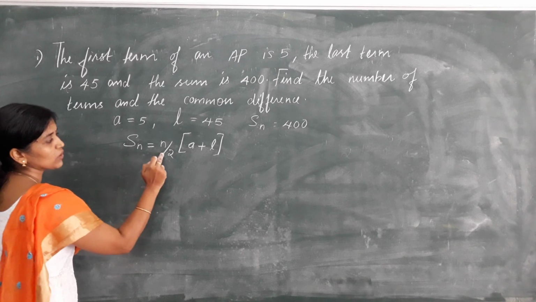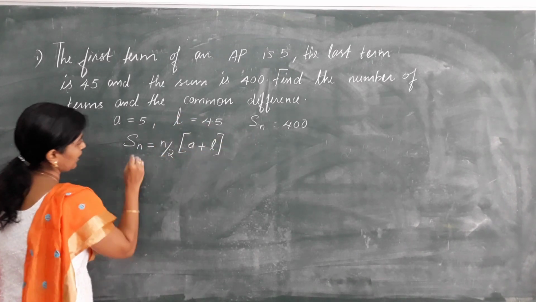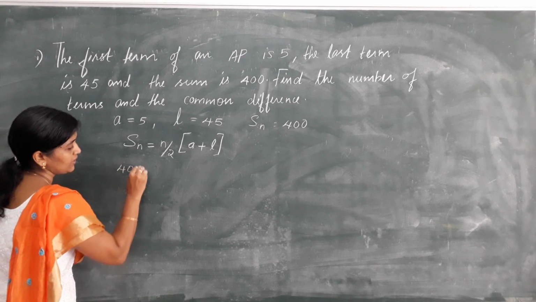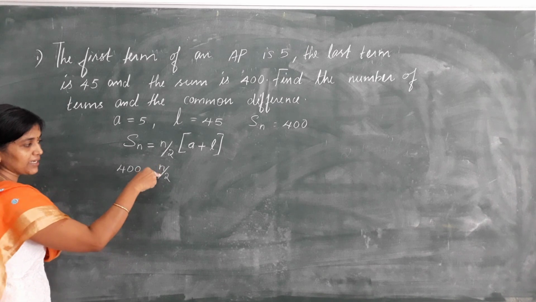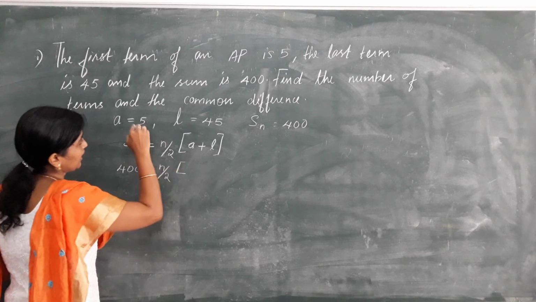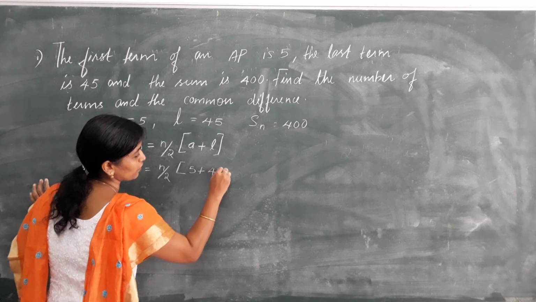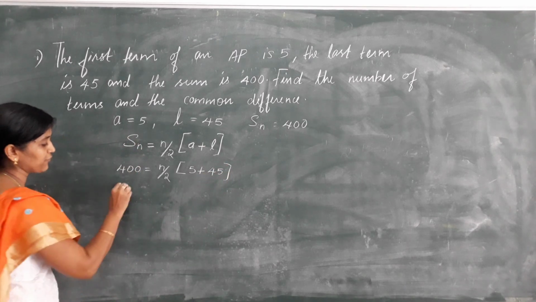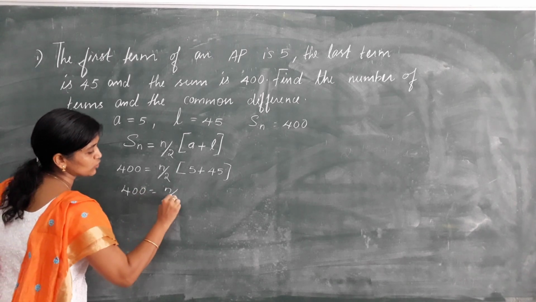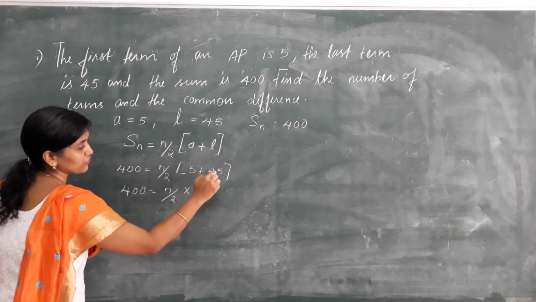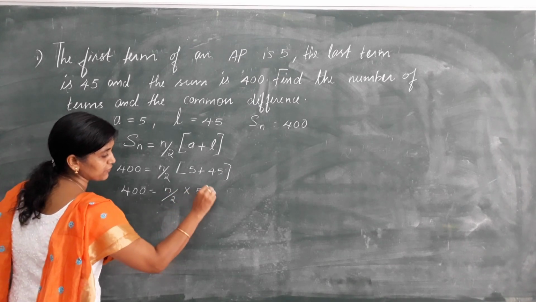So, Sn is equal to n by 2 into a plus l. We are going to substitute Sn as 400, n by 2, keeping n itself as the unknown, a is 5 plus the last term l, that is 45. So, we get 400 is equal to n by 2 into 45 plus 5, which is 50.